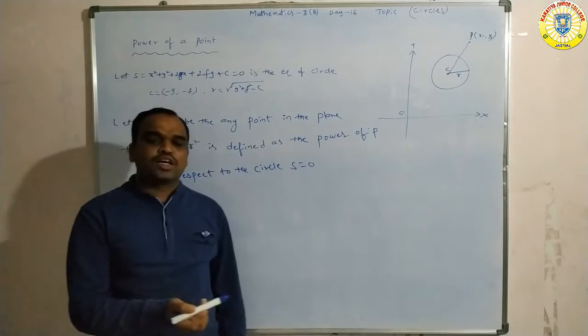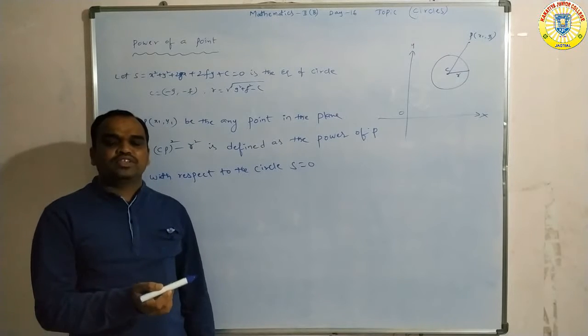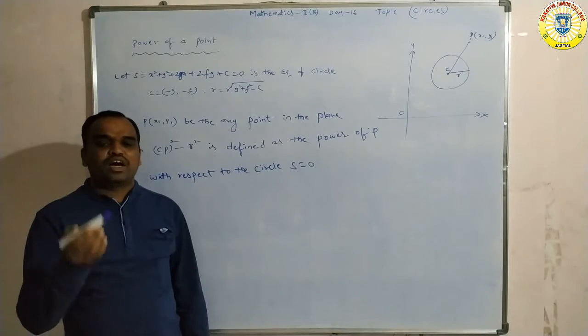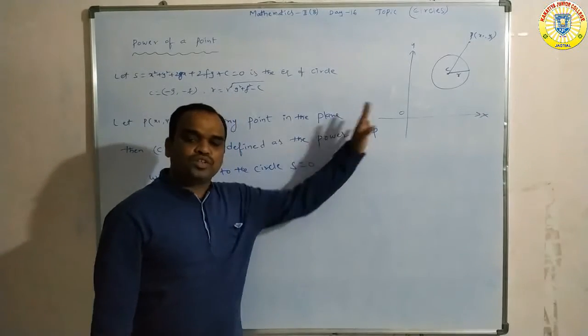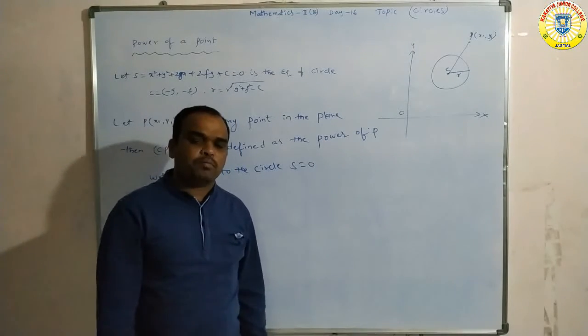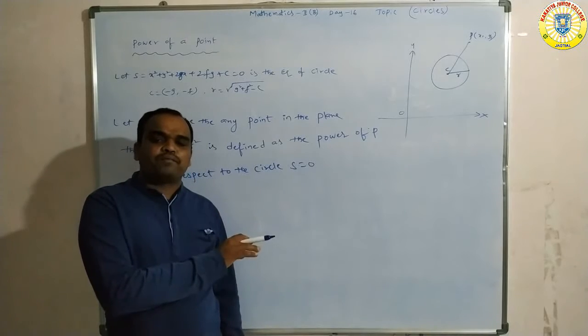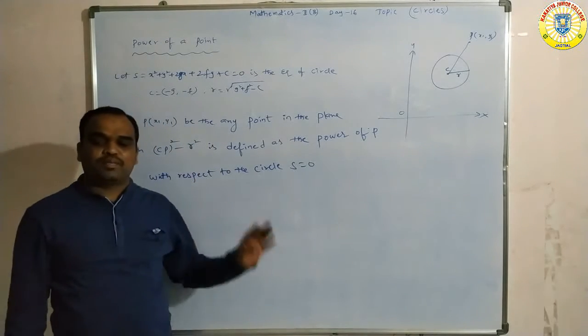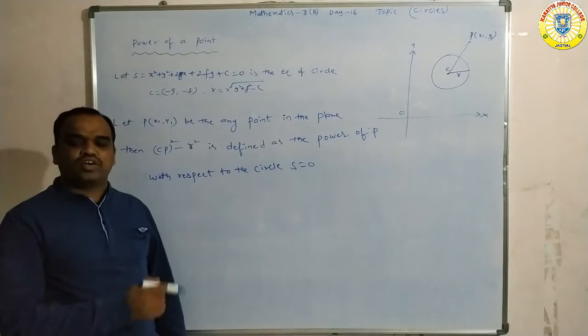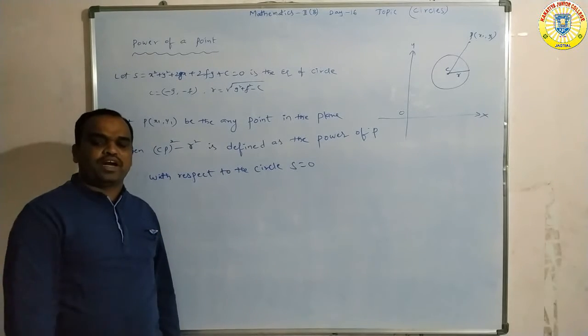The power of P value is either positive, negative or zero, depending on the position of the point. By using the power of P, that is CP square minus r square, we can find the position of the point.